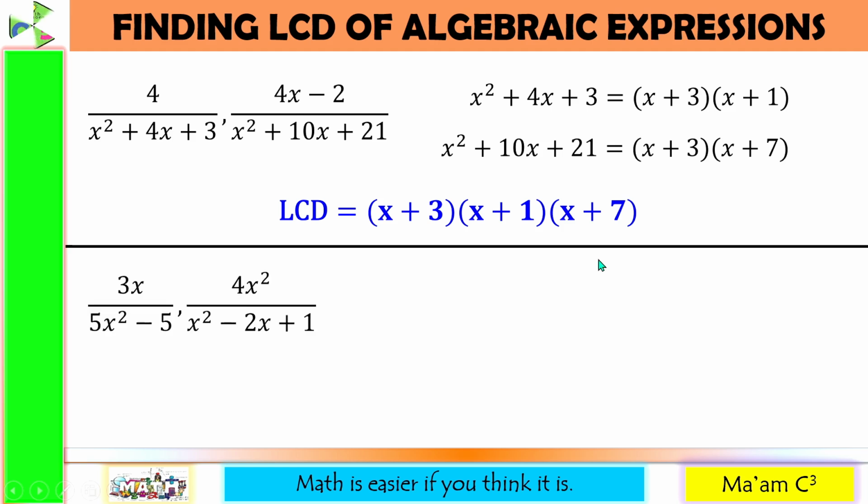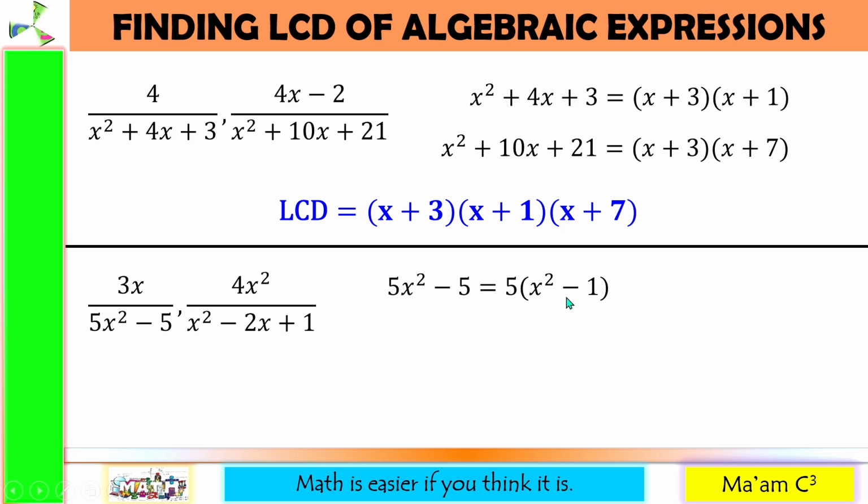Let's have another one. Our first denominator is 5x squared minus 5. Let us determine the factors. We can factor out a GCF, which is 5. So the factors would be 5 times quantity x squared minus 1. Quick check, 5 times x squared is 5x squared. 5 times negative 1 is negative 5.